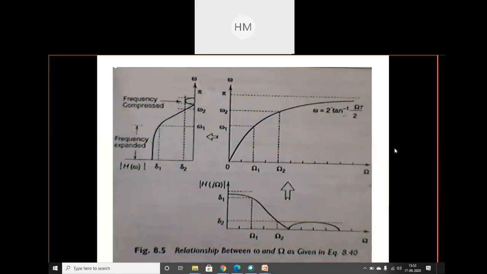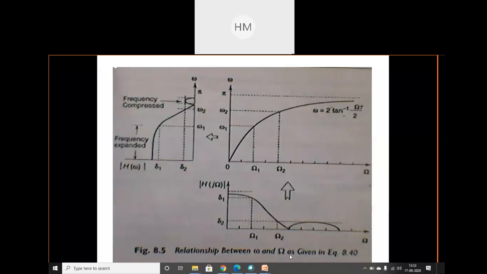We will wind up our class in two to three minutes. This is omega, the low pass frequency graph, with frequency compressed over here and frequency expanded here. This is my pass band and stop band. This is the ohm domain. This is H of omega, and this is H of j ohm.